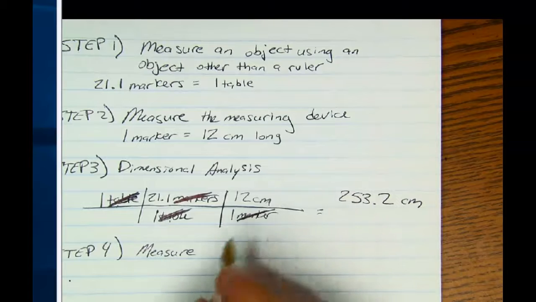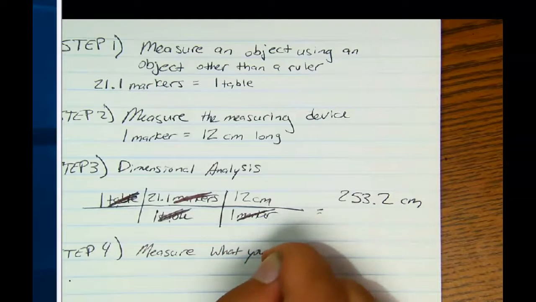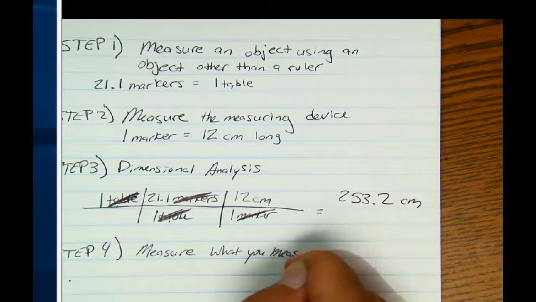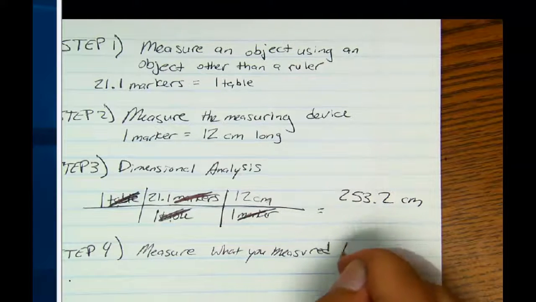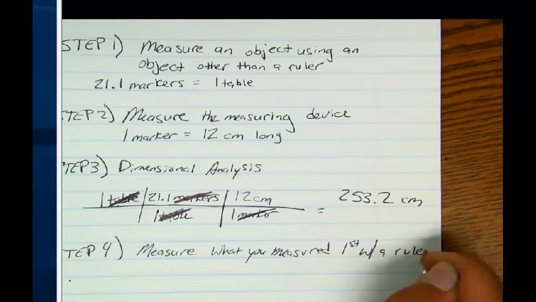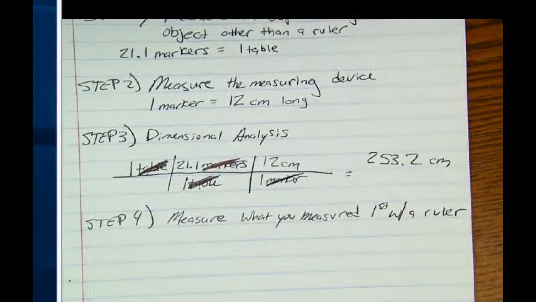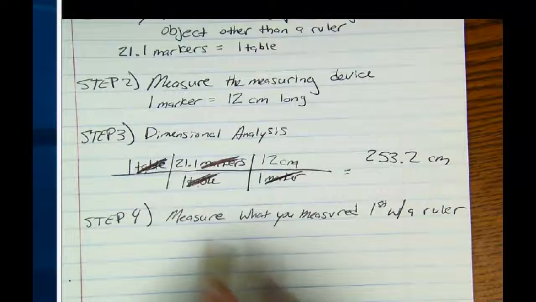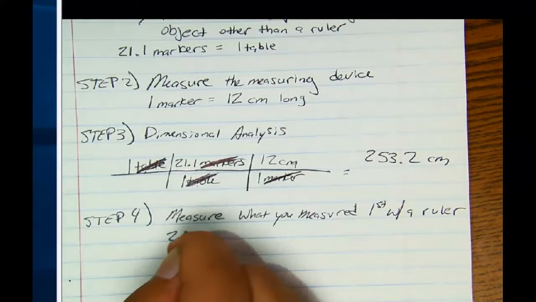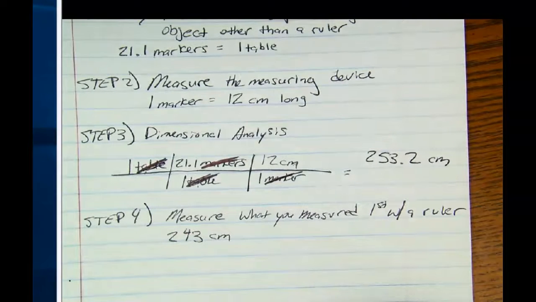So measure what you measured first with a ruler. With a ruler. Okay, so that's step four. Like I said, mine was 243 centimeters. That was the length of the table.